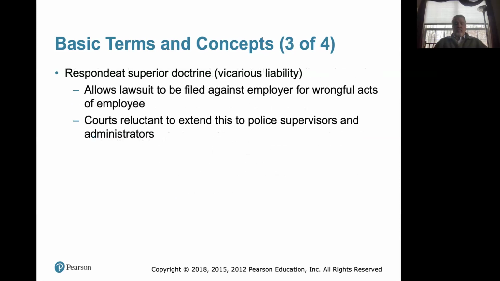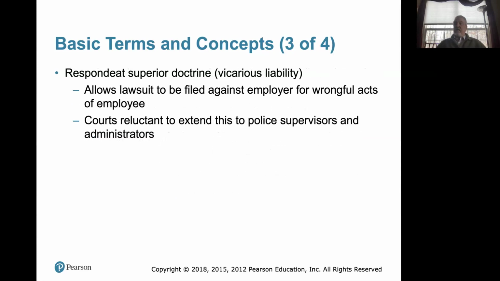There is what's called a respondeat superior doctrine. The idea is that even if the agency, the police agency or the supervisor, doesn't know of the actual actions of the police, if the police are acting under the color of the agency, they're doing it, they're on duty.